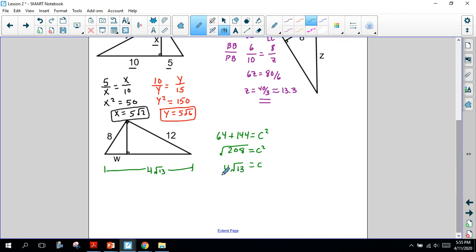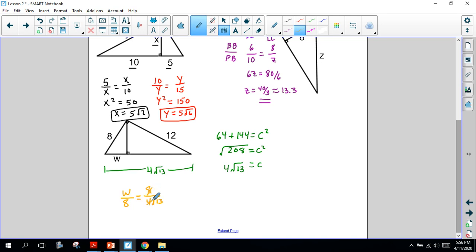So at this point, I don't know that it really matters which one I look at, but I'm going to take a look at this leg here of 8. The leg, from those proportions we have from last lesson: the leg of Papa Bear is a geometric mean between its projection, well, the projection is W, and the entire hypotenuse of 4 radical 13.